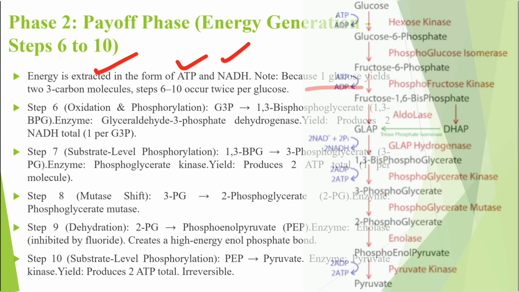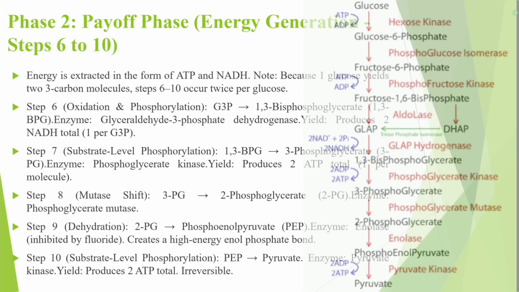Because one glucose yields 2 three-carbon molecules, steps 6 to 10 occur twice for each glucose.